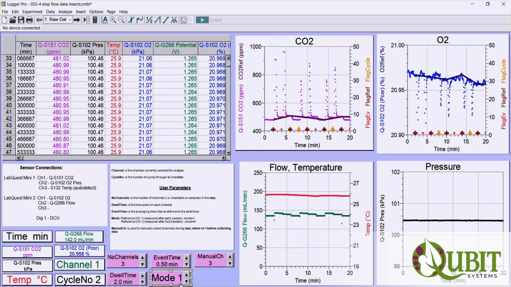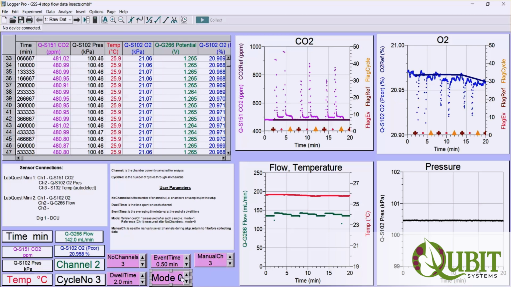There is another mode called mode 1, and you can adjust it here by clicking on that user parameter. In mode 1, reference is measured after each channel. So you measure channel 1, which is your reference, and then 2, back to 1, 3, back to 1, 4, and so on. This mode is used when you're dealing with less stable background levels of gases, for example, or for some other reason you need to monitor your background levels more frequently.